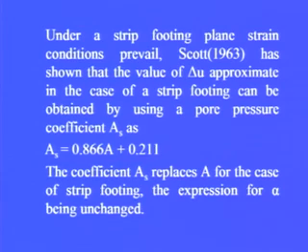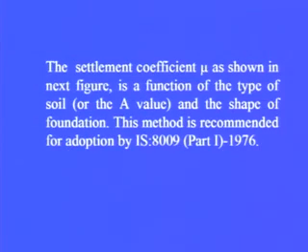The coefficient AS replaces A for the case of strip footing, the expression for alpha being unchanged. The settlement coefficient mu, as shown in the next figure, is a function of the type of soil or the A value and the shape of the foundation. This method is recommended for adoption by IS 8009 Part 1 1976.